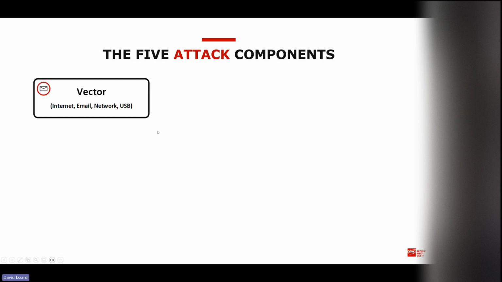The very first thing that you want to make a note of and keep track of is the vector. So how are the attackers actually getting into our environment? And our environment, of course, could be cloud, it could be internal, but what is their mechanism for coming in? Are they coming in through inbound internet access? Maybe it's through somebody who plugged in a USB that happened to have infected malware? Maybe it's an email phish or credential phish.